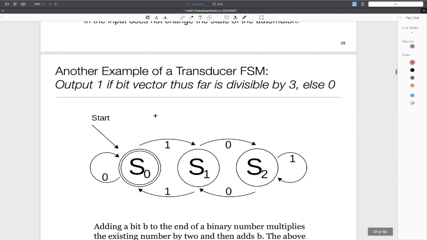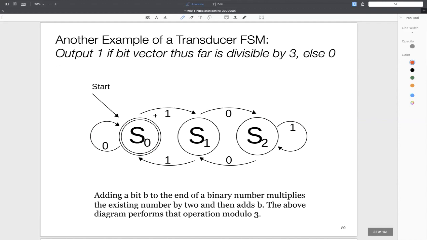Now, moving on, another example of a transducer is that I'm getting bits. The idea is that I want to output 1 if the bits that I have received thus far represent a number that is divisible by 3. So basically I'm receiving bits.